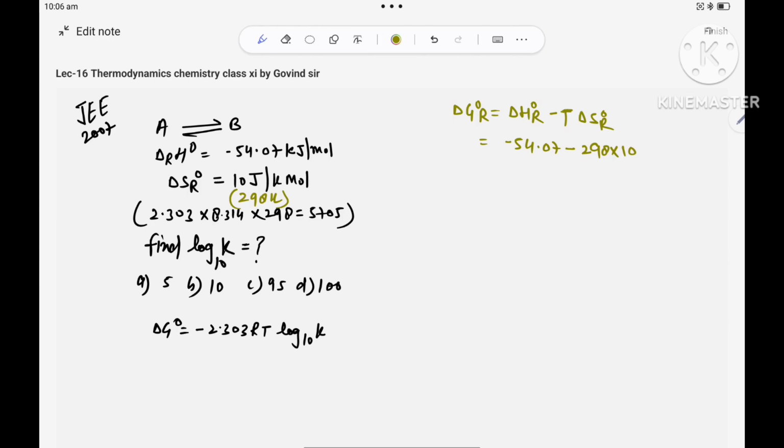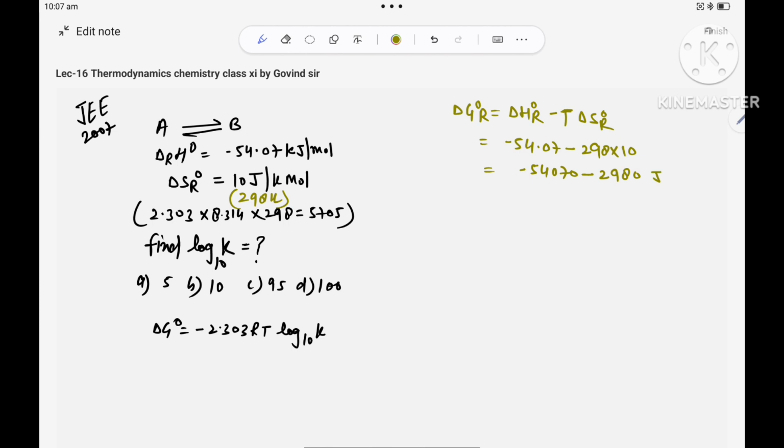Okay, it is in kilojoule, converted into joule, so it will be minus 54070 minus 2980 joule.